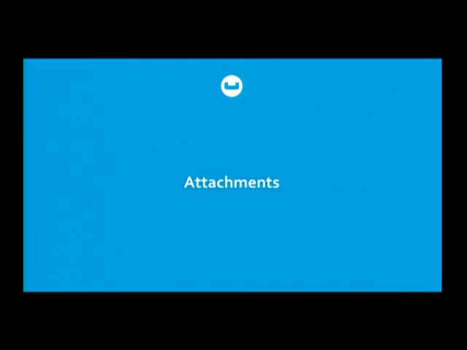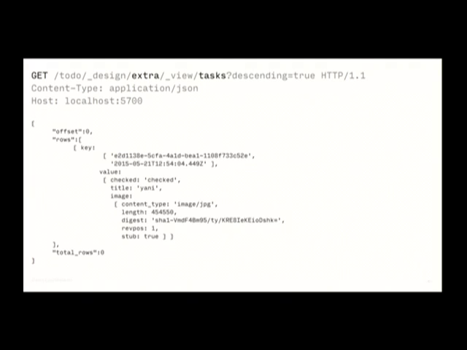The final part is attachments. How do you deal with attachments through the REST API? To save the attachment, you just provide the document ID and the content type, and it's a multi-part request.